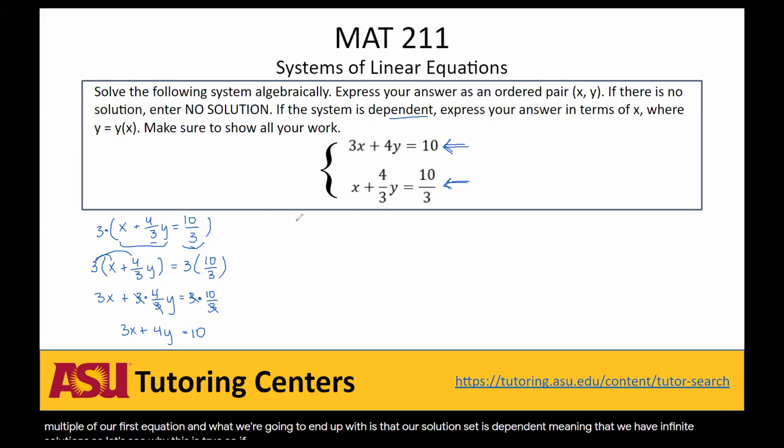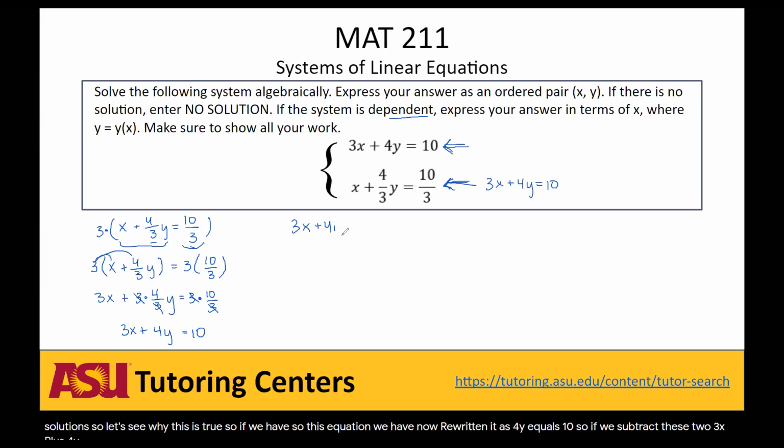So we've now rewritten this equation as 3x plus 4y equals 10. So if we subtract these two, 3x plus 4y equals 10 minus 3x plus 4y equals 10.